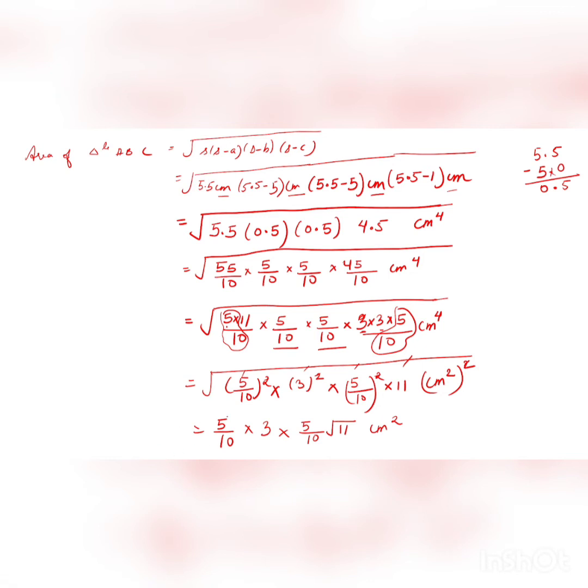Clear? So you take the multiplication, 5 into 3, 15, okay, let me use a laser pen for that. 5 into 3, 15, 15 into 5, how much? 75, and 10 into 10 becomes 100. So I can write this as, the next slide, 75 by 100 root 11.